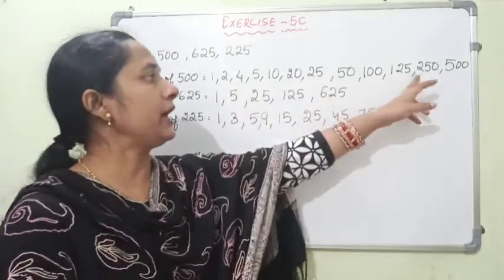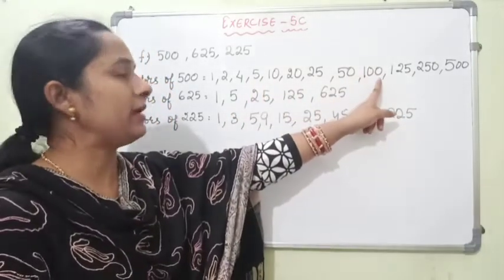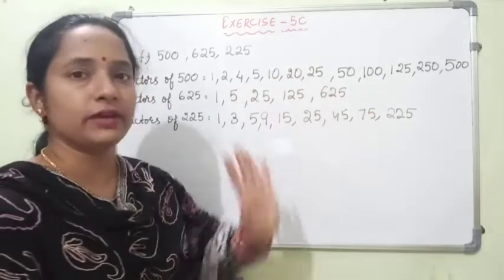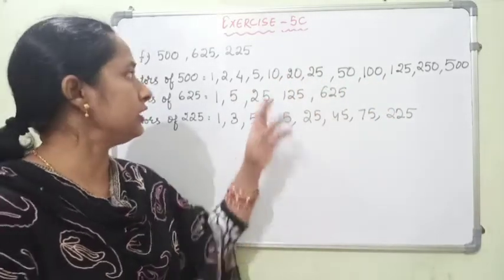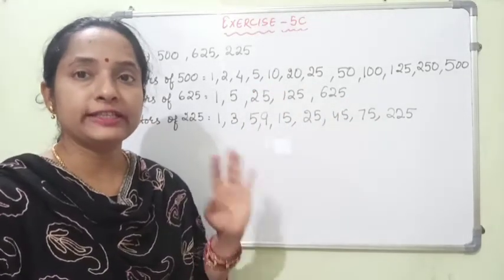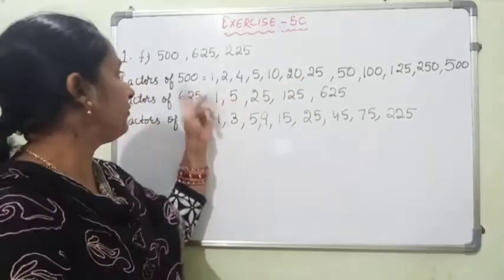Then 4 multiplied by 125 is 500. Then 5 multiplied by 100 is 500. Then 10 times 50 is 500. Then 20 times 25 is 500. So these are the list of factors of 500.